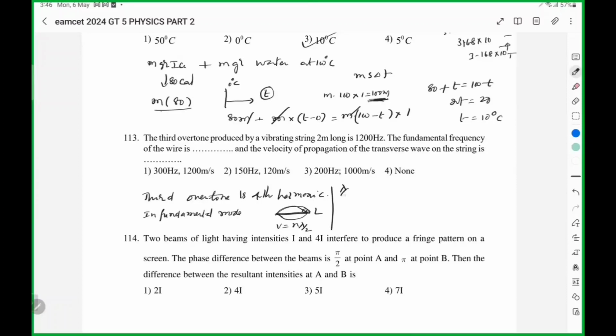So lambda by 2 is l. So lambda is 2l, that is n equal to v by 2l. In fourth harmonic, 4 times v by 2l, which is 1200.